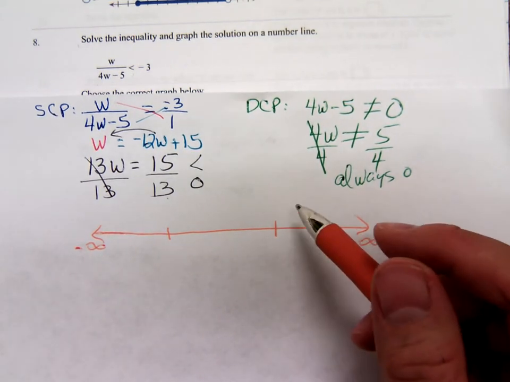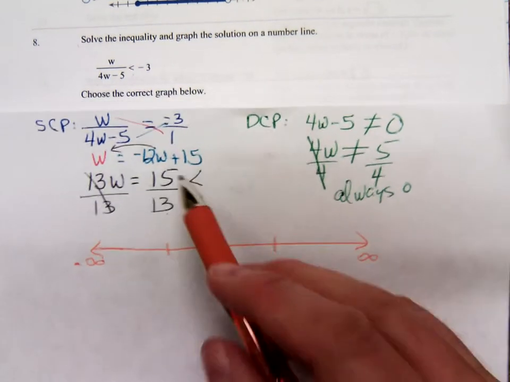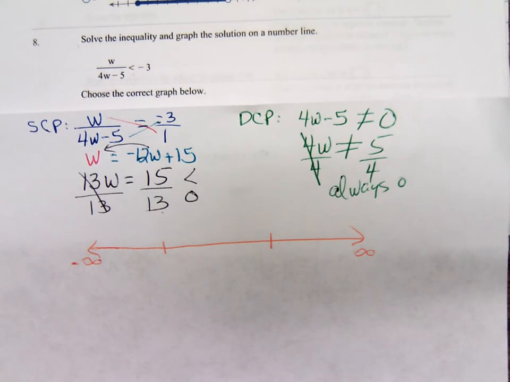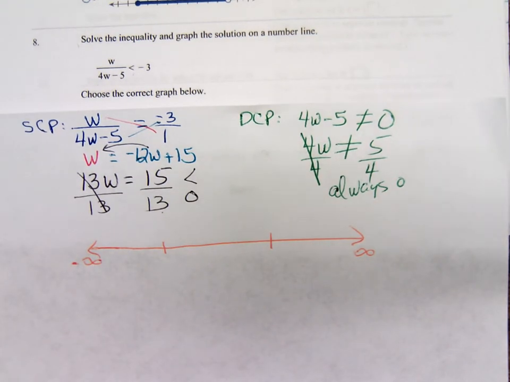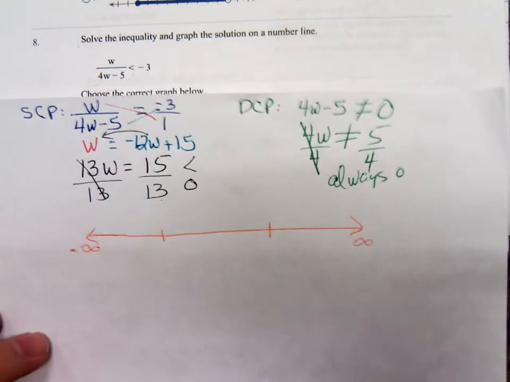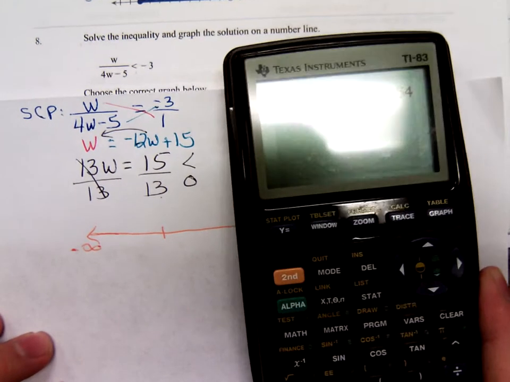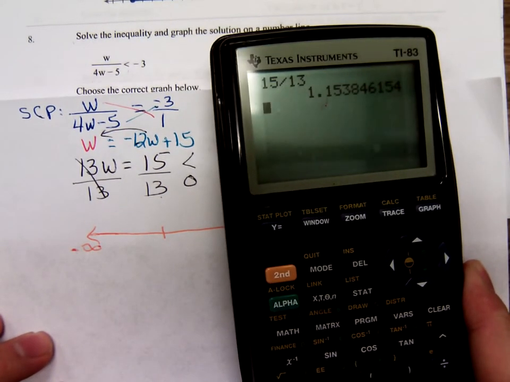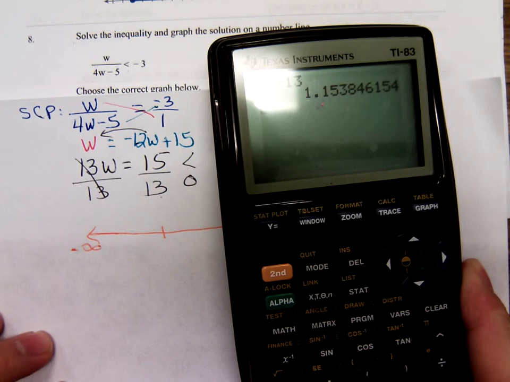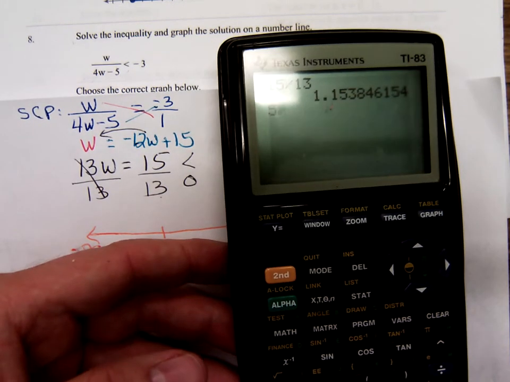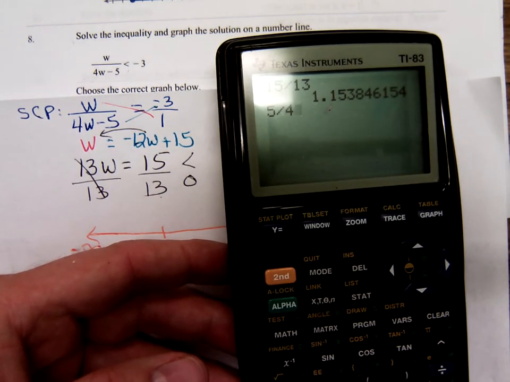1.25. What about 15 over 13? If you punch in 15 divided by 13, 1.15. Versus 5 divided by 4, which is 1.25.